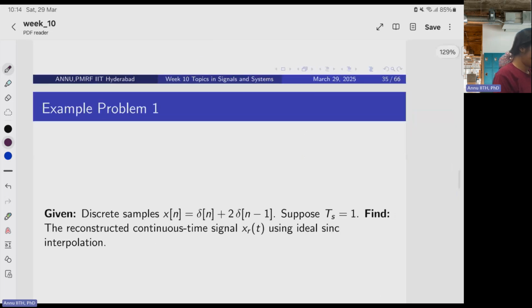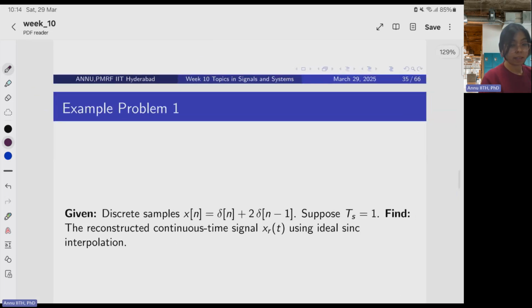Example one. We have discrete samples where x[n] equals delta[n] plus 2 delta[n minus 1], where suppose Ts equals 1. Find the reconstructed continuous-time signal xr(t) using ideal sinc reconstruction.